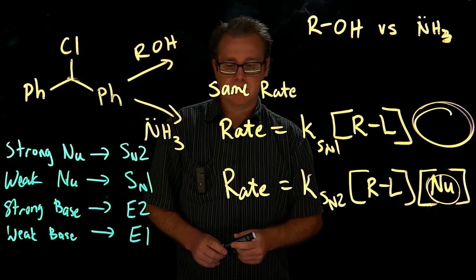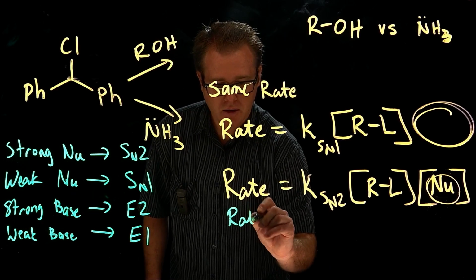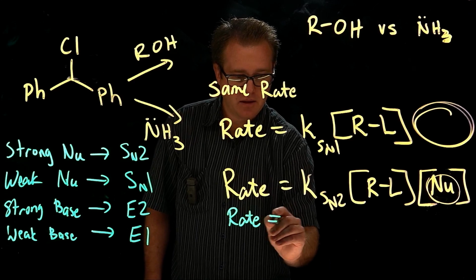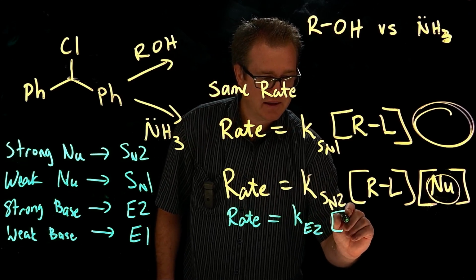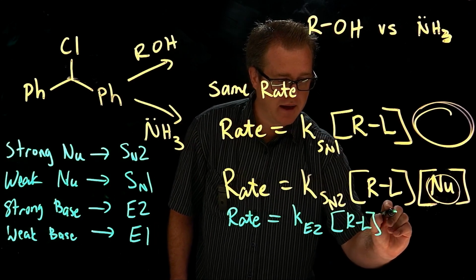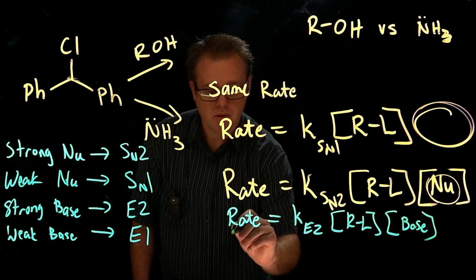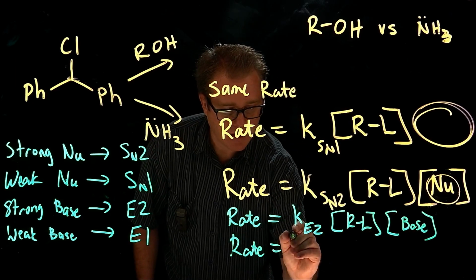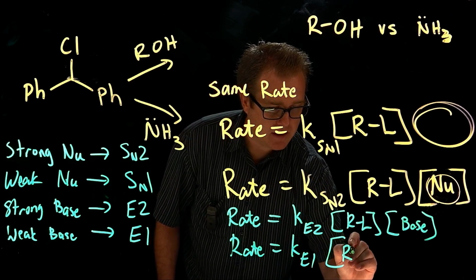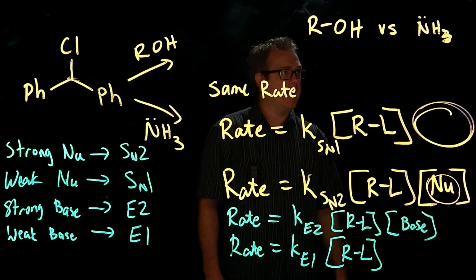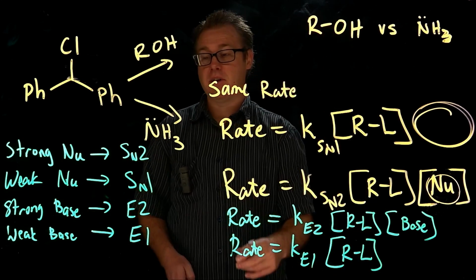So same principles here, okay? Because when you look at the rate of an E2, it is dependent upon the alkyl halide and the base. But if you look at the rate of an E1, that is only dependent upon the concentration of the alkyl halide. Okay, so it's basically the same concept here.